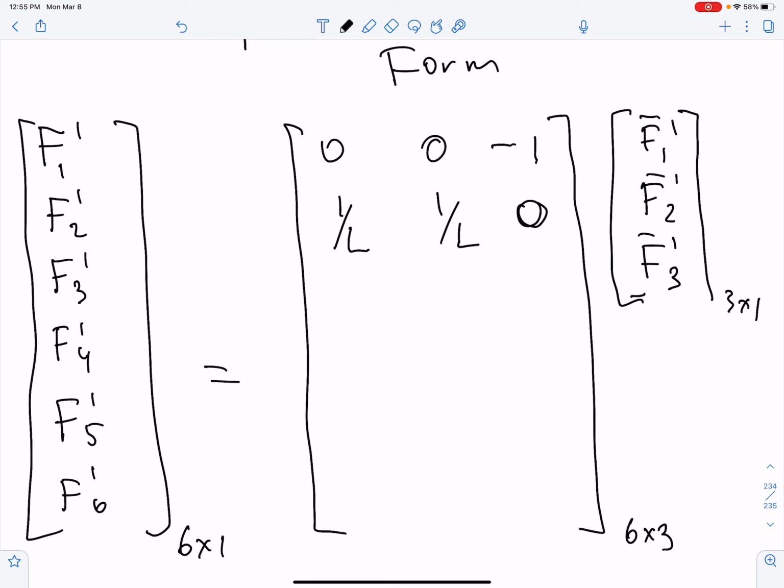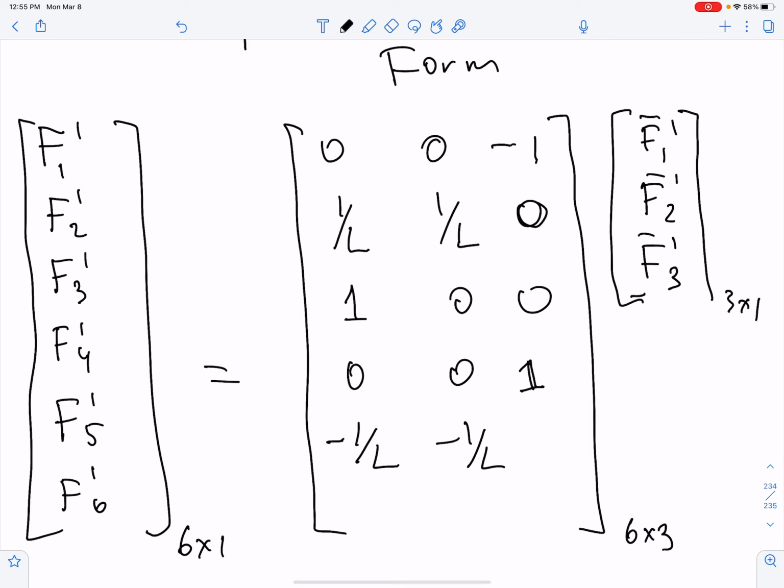Then f over bar prime 3 is f1, so I get a 1 here. 0, 0, okay? And then the same holds for the remaining components. I'll just summarize the results. 0, 0, 1, minus 1 over L, minus 1 over L, 0, and then I get 0, 1, 0 like this.